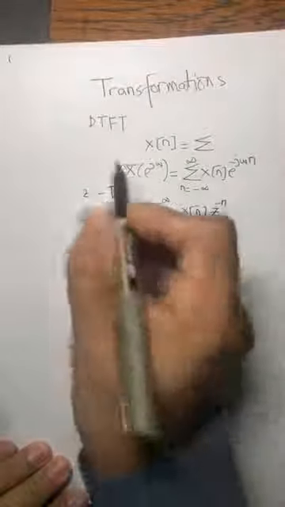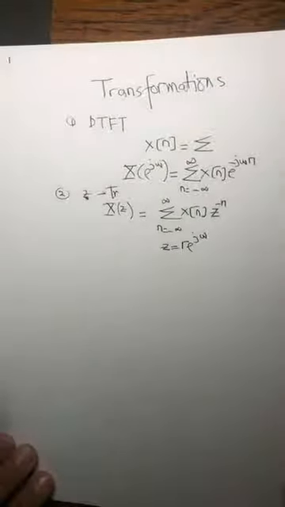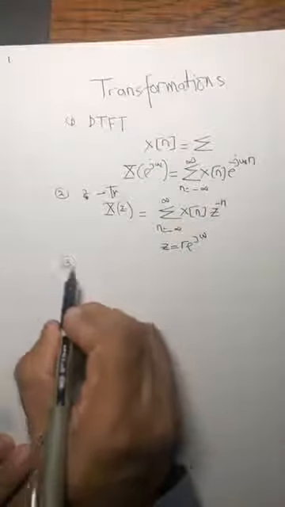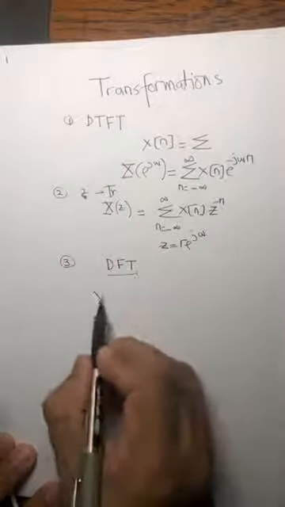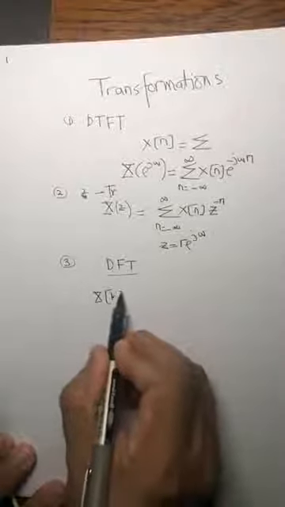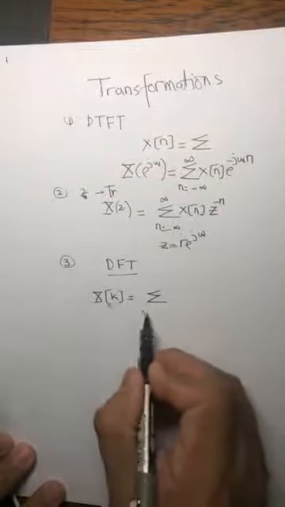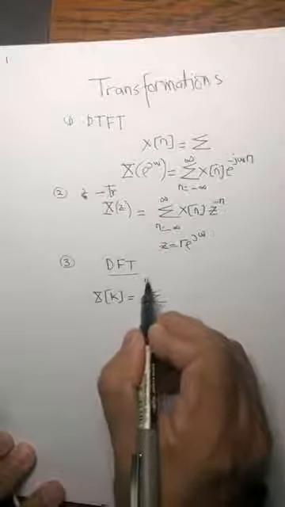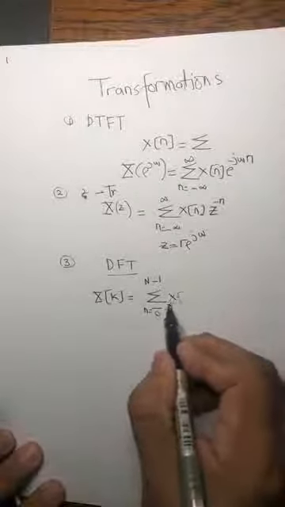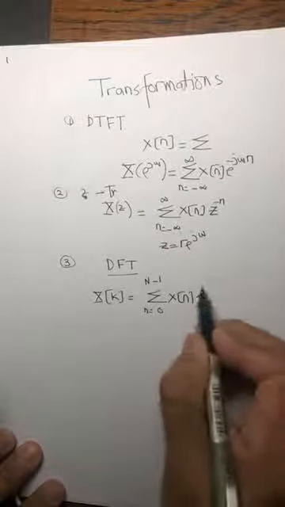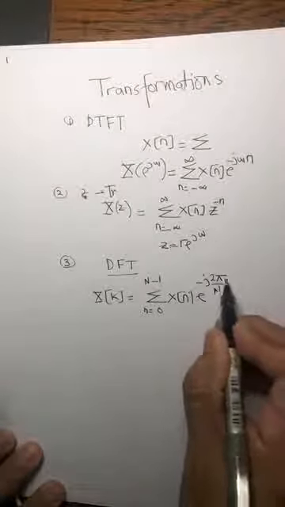So this is the Z transform, number two, and our third transformation is the discrete Fourier transform. The discrete Fourier transform is a representation which can be calculated using a computer program. So this is of interest to us, with the kernel e to the minus j 2 pi over N k n.